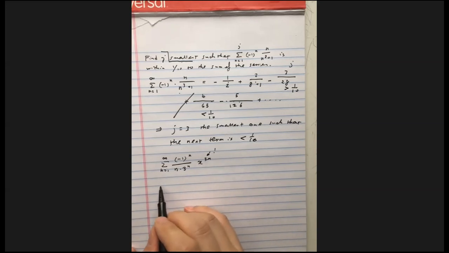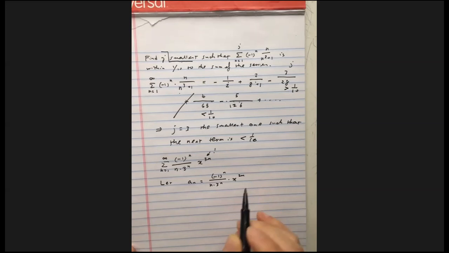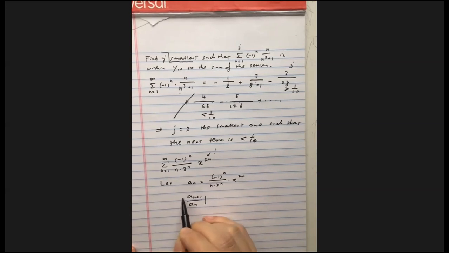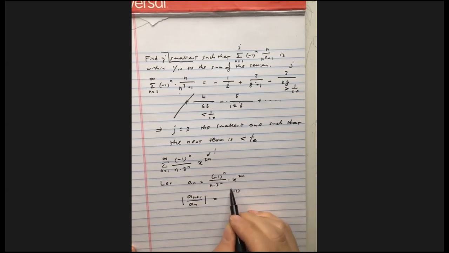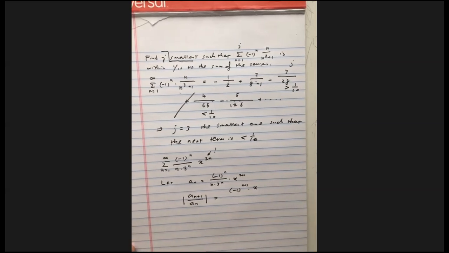We let a_n be (-1)^n over n times 3^n, times x^(2n). Then the absolute value of a_(n+1) over a_n equals the absolute value of (-1)^(n+1) times x to the, not 2n+1, but 2 times (n+1), so it's 2n+2 here, over (n+1) times 3^(n+1), over (-1)^n x^(2n) over n times 3^n.